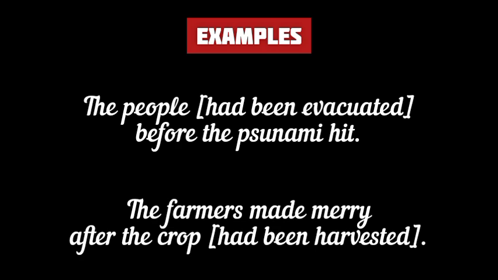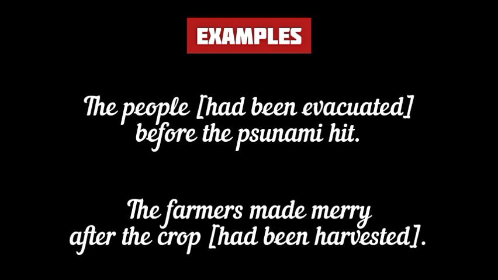And it is clear from the past perfect tense that the act of evacuation took place prior to or before the tsunami. In the second example, the farmers made merry after the crop had been harvested.